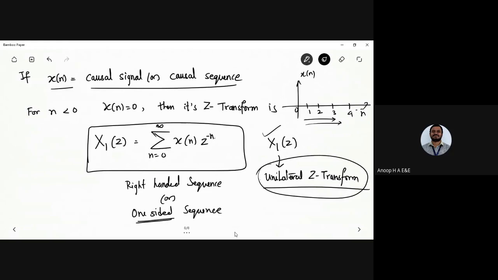So if x of n is a causal signal or causal sequence, the right-handed sequence can be written in Z transform as x1 of Z equal to sigma n equals 0 to infinity x of n Z power minus n, and this is said to be the unilateral Z transform.